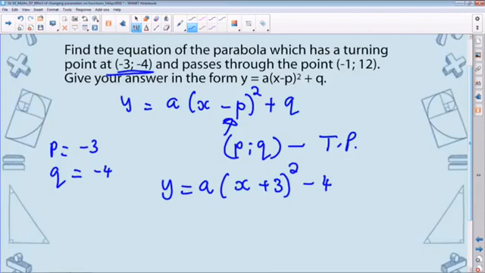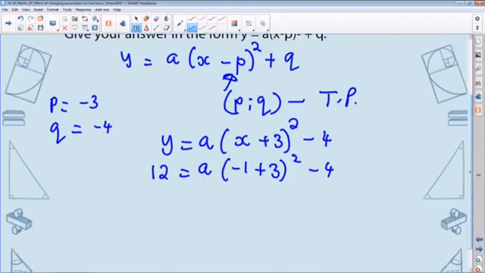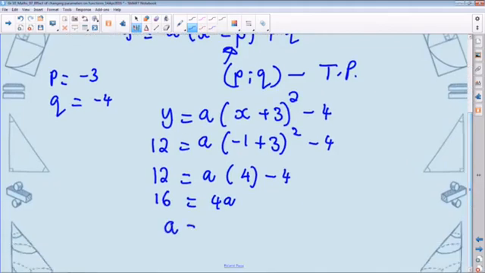That's your x and your y. So 12 = a(−1 + 3)² − 4. So this is 12 = a(4) − 4, and then transpose the 4, you get 16 = 4a. Then your a is 4.